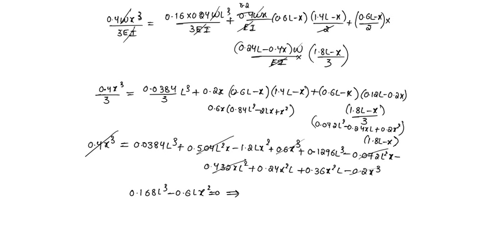On solving we get x to be 0.53 L. Substituting in delta max, delta max is 0.4 W x cube by 3 EI. If we take moment about A, substituting x equal to 0.53 L, we get the deflection to be 0.06 W L cube by 3 EI.